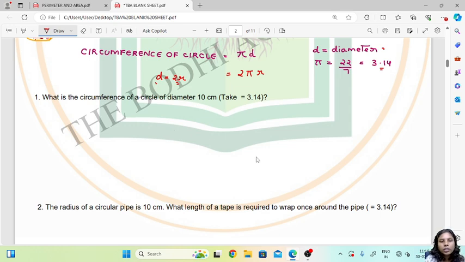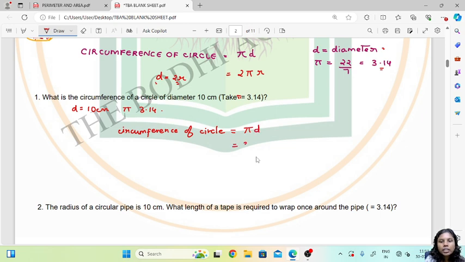What is the circumference of a circle of diameter 10 cm, and pi value is given here as 3.14? So let's quickly write down what is given. So d they are saying is 10 cm and pi value is 3.14. So we write down circumference of circle is equal to pi into d.